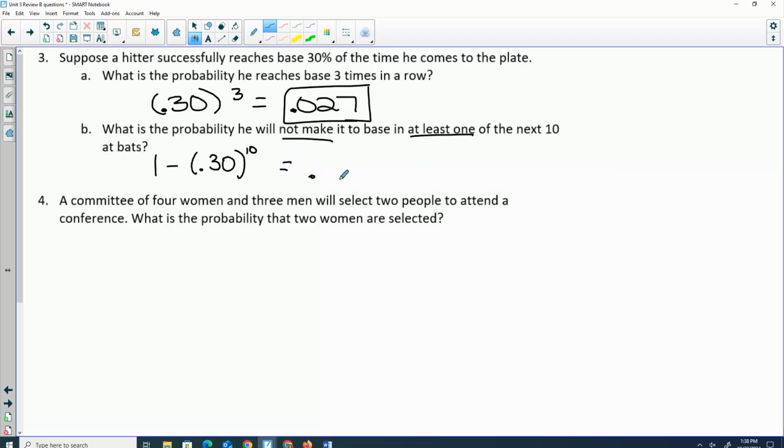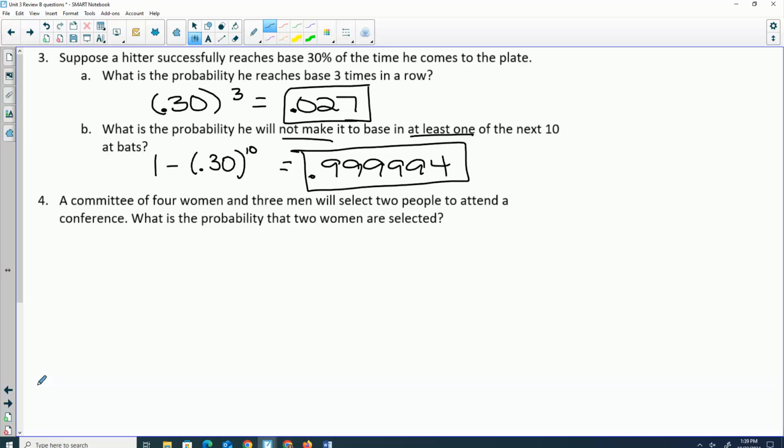I get point. Okay. So extremely likely one of the next 10 times he is not going to make it. So this was just using that independence. If those probabilities are independent, all we have to do is multiply them together.